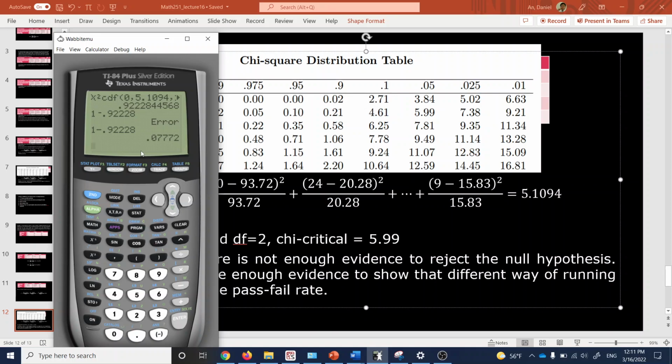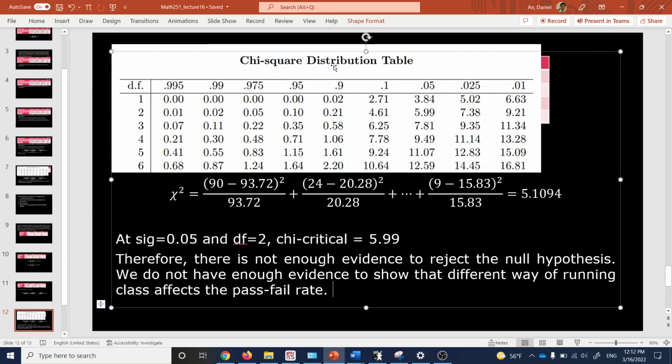When you want to get the critical number, you have to apply the inverse function, the inverse of the CDF function. So it could be like the inverse norm or inverse t, or this table. This table really gives you the inverse. For a given degrees of freedom and significance level, it's really giving you the value that's inverse.